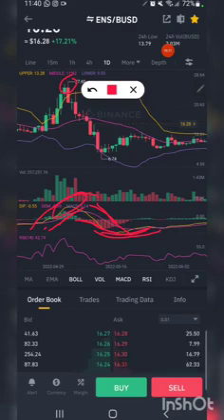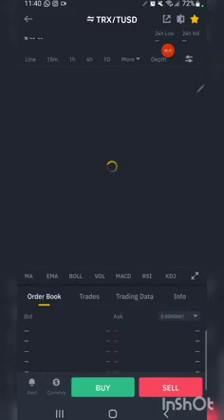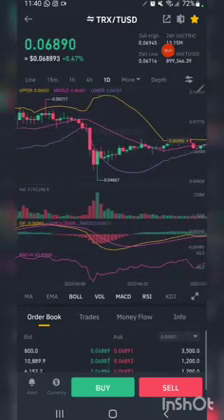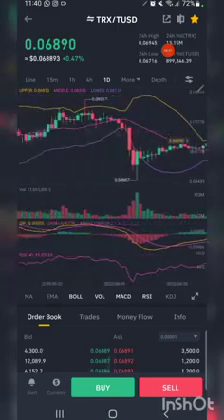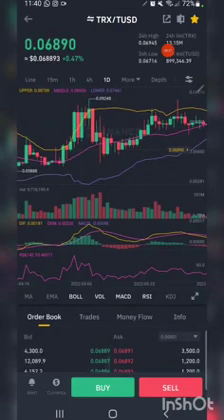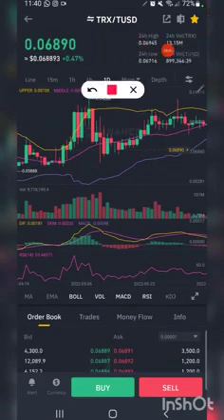So let's see a clearer view from another chart. Let's see another trade. So let me explain something else. Sometimes there is a decline, there is a pullback, but it does not cross below the histogram.